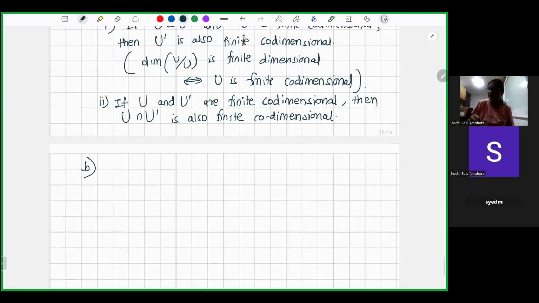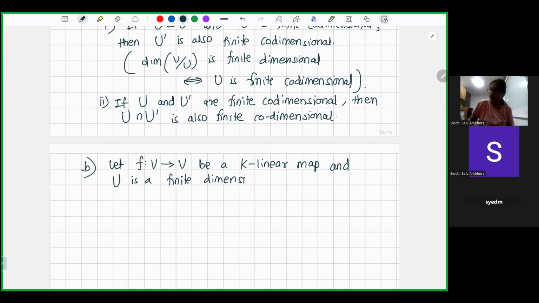And B is that let F from V to V be a K-linear map, and U is a finite dimensional, U is a finite codimensional.